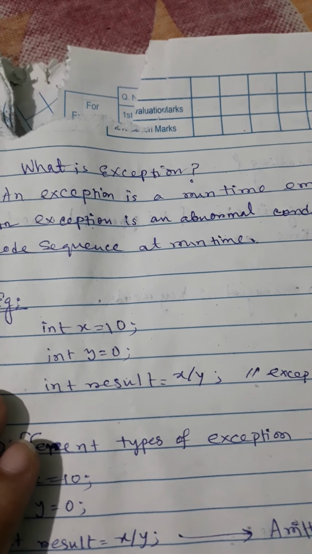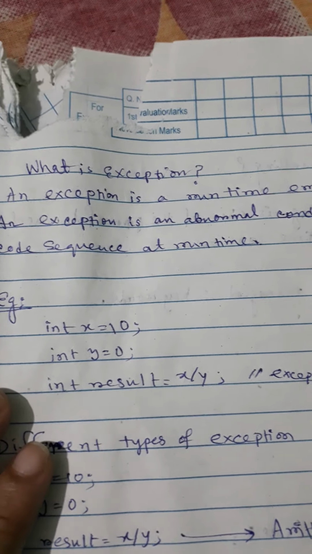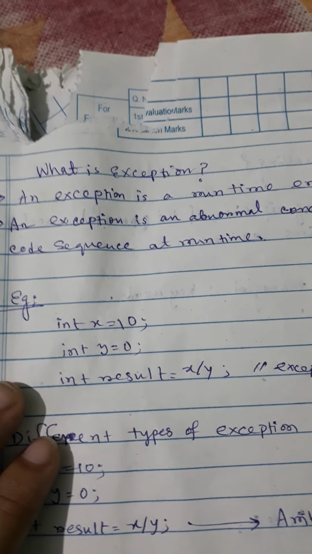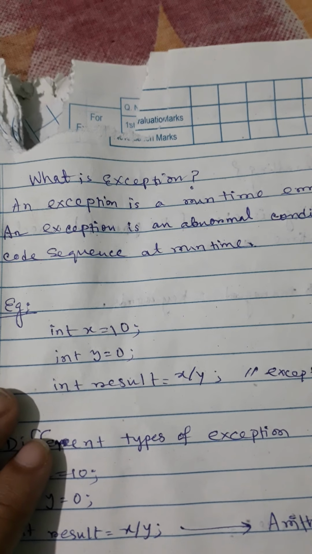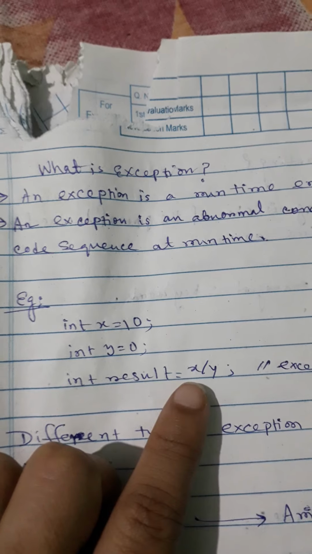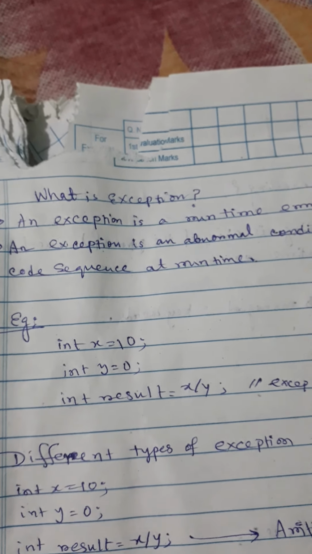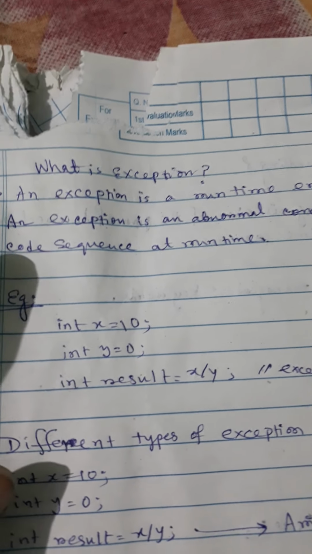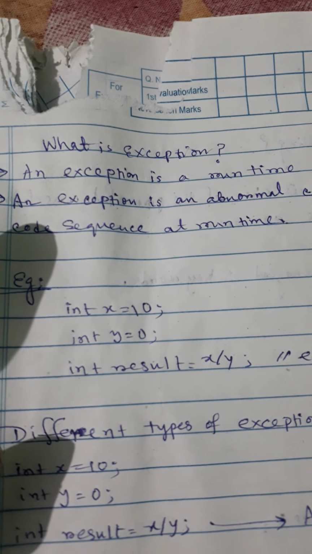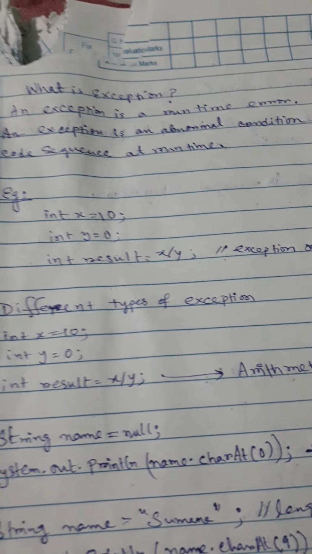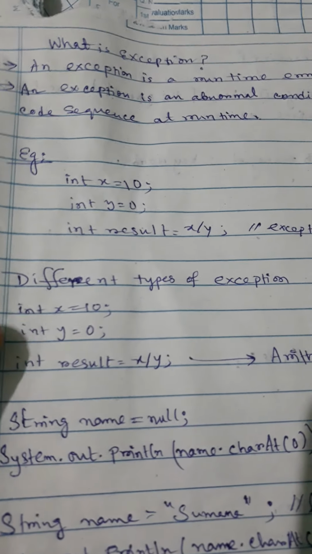No syntax or logical error is present here. But during runtime an exception will occur, because as you all know, an integer cannot be divided by 0. So here an exception occurs, and this is an example of a runtime error or exception.